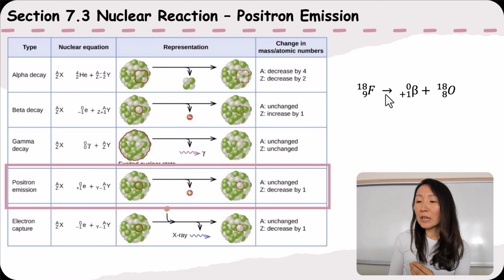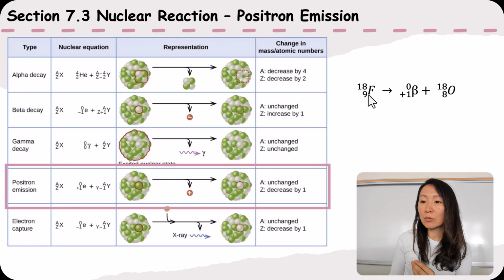The fluorine 18 isotope forms into oxygen because there is a change in the number of protons from 9 to 8. One proton has been lost, because the proton changed into a neutron. As it's doing that, a particle has been emitted.